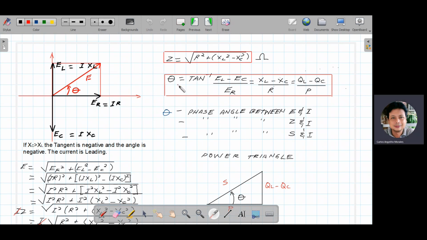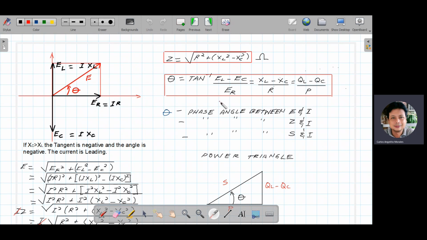So, yung phase angle, arctangent of EL minus EC over ER, which is equal to, tiningnan ko dito sa voltage triangle dito. EL minus EC, naka-synchronize kasi ito dito. So, EL minus EC over ER or XL minus XC over R. Nasaan yung XL?